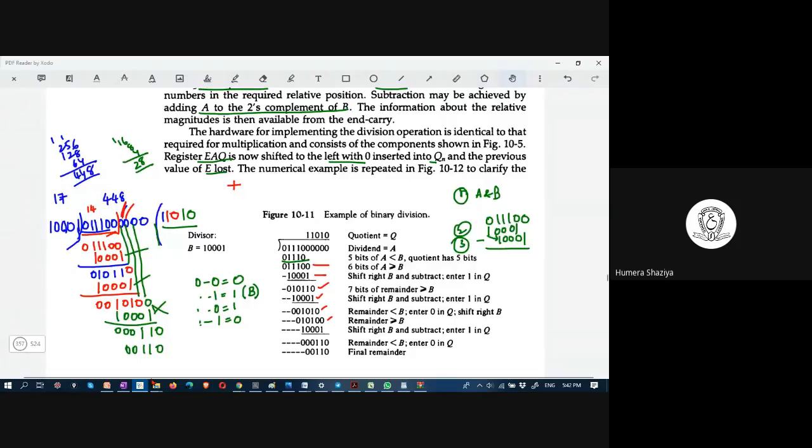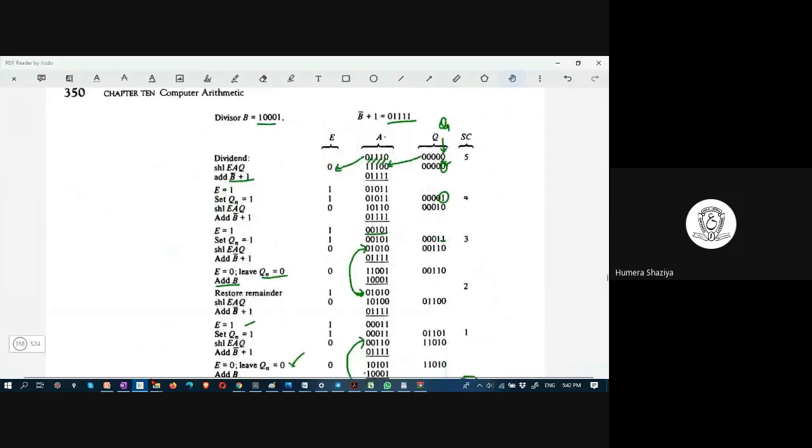All right, students. So this thing can be implemented in a computer by following a few steps. First step is check whether A is greater than B. If A is greater than B, then E would get a value 1.